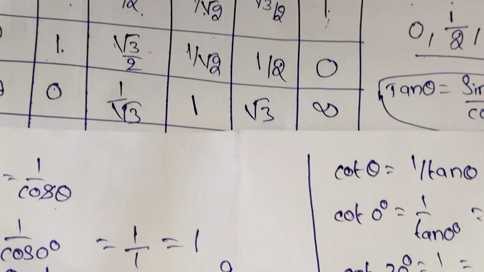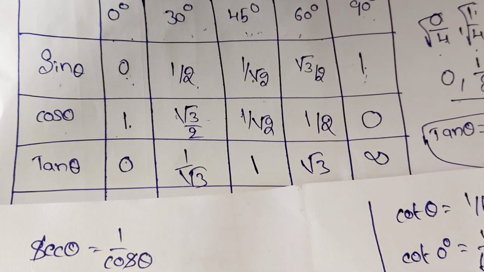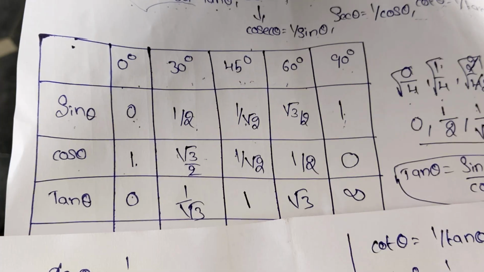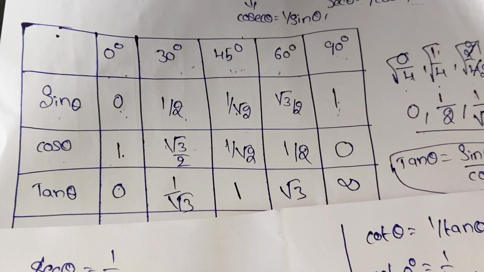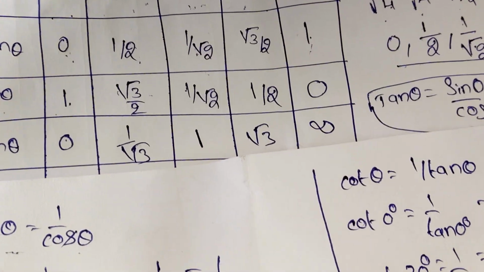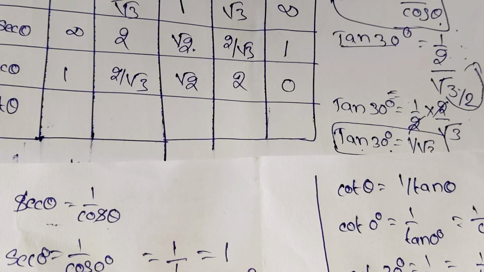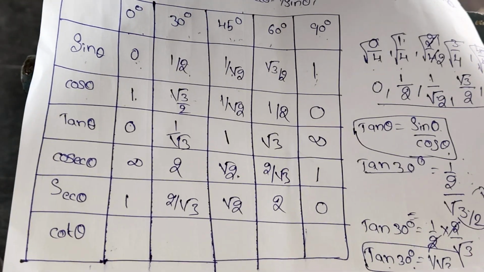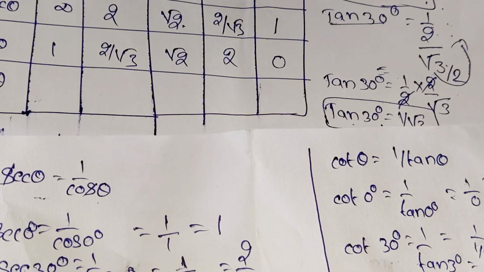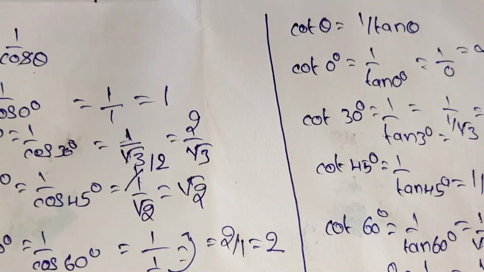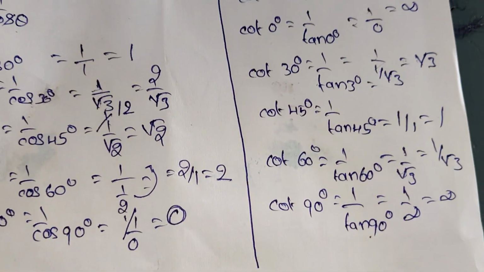What is the cot 90 degrees value? Cot 90 degrees is nothing but 1 by tan 90 degrees. What is the value of tan 90 degrees? Tan 90 degrees equal to infinity. So 1 by infinity equals 0. Now write the cot values.